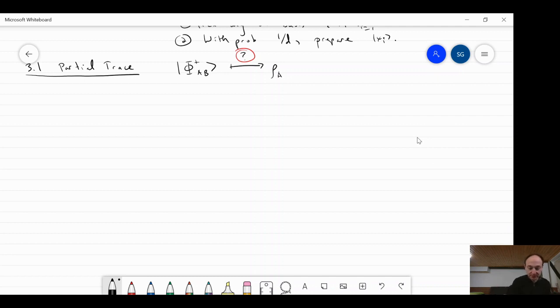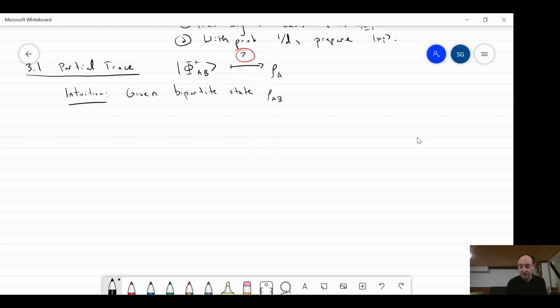Okay, so what's the intuition? Let me write that down as well, intuition. So given a bipartite state, and I'm just going to write it as a density matrix, most generally, because remember, any pure state can be written as a density matrix.